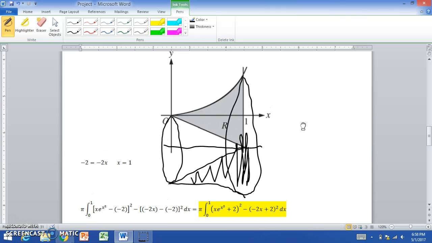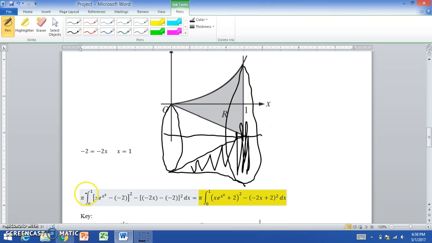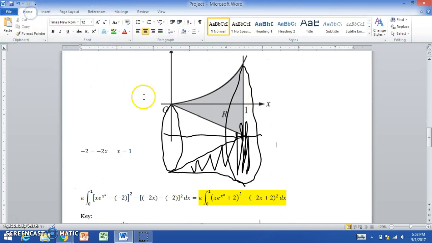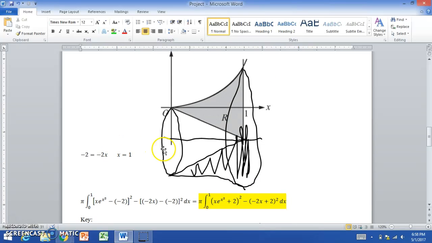Now to find the volume, we need to write pi in front as the constant, because whenever we find the volume and then we're rotating, pi is the constant that is shown in a circular volume.